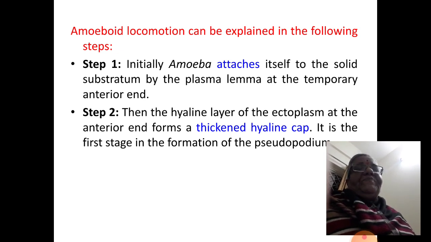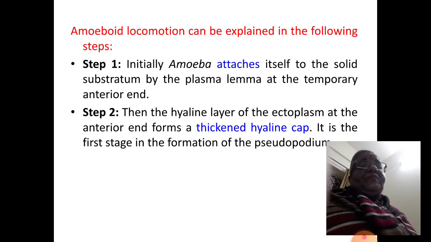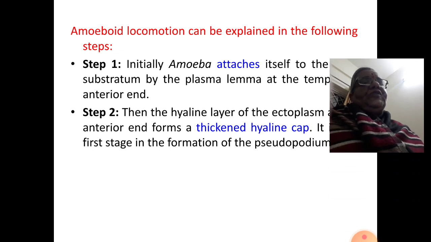So the second step is, after the attachment, the hyaline layer of the ectoplasm, which is the protein rich component, at the anterior end forms a thickened hyaline cap. So this is step 2, the first stage in the formation of pseudopodium.